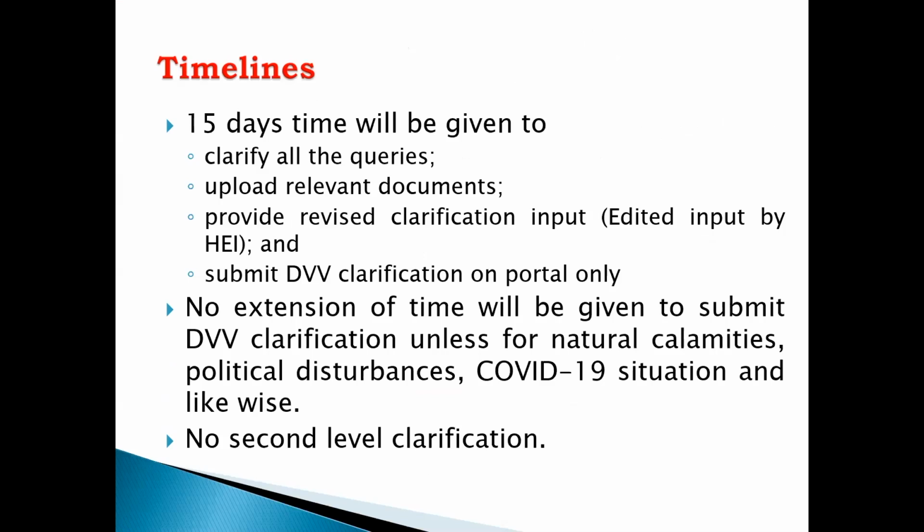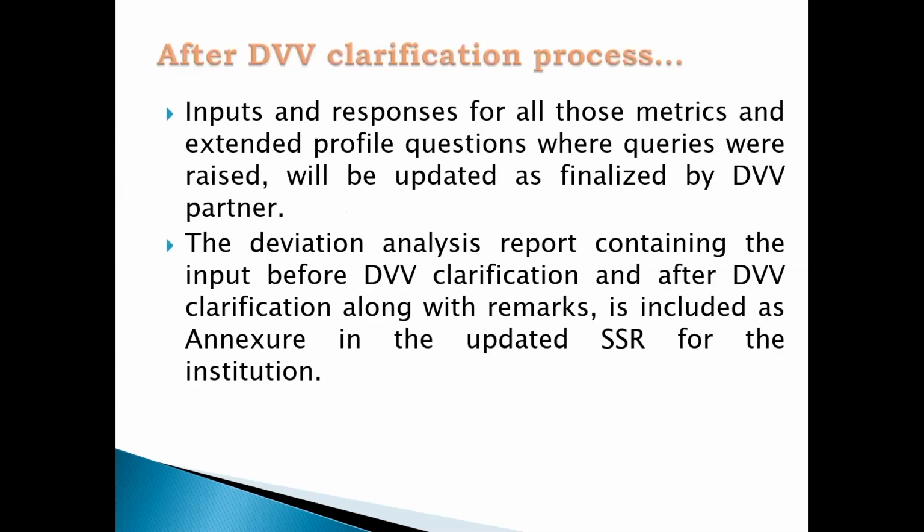There won't be an extension of time for DVV clarification, except for natural calamities, political disturbance, or the recent pandemic, COVID-19, and there is no second level of clarification. Clarification will be asked only once. The HEI has to respond within the stipulated time. If they respond within the stipulated time, the DVV input will be given on the basis of the clarification and verification. If they are not able to clarify within the stipulated time, whatever the recommendation by the DVV partner will be final.